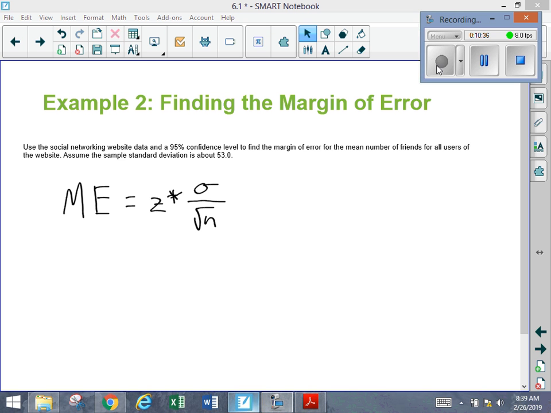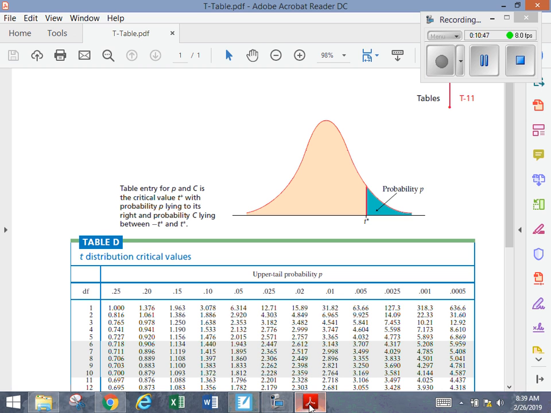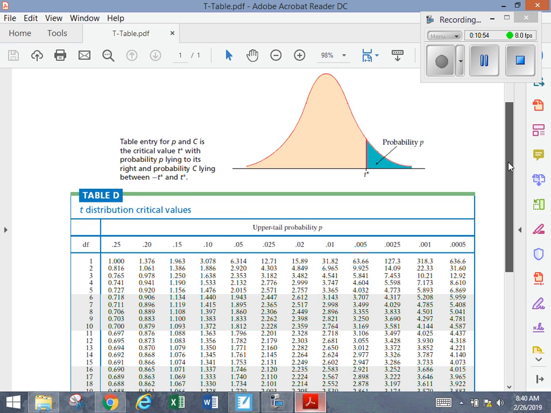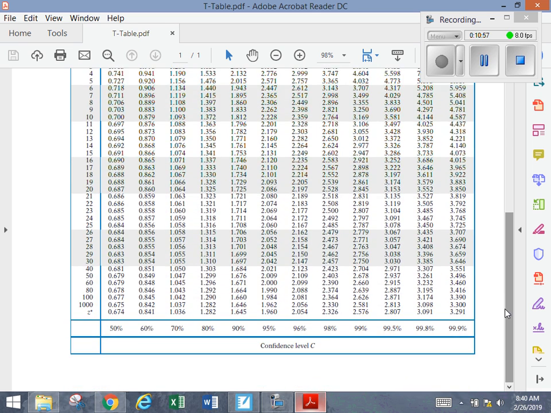The method that I like to use for getting that Z star is to look at a t distribution. We'll talk more about a t distribution later, but for now, what it is useful to us for is finding critical values. If my confidence level is 90%, I'll look at this Z star value, and this is going to be my critical value for 90%.